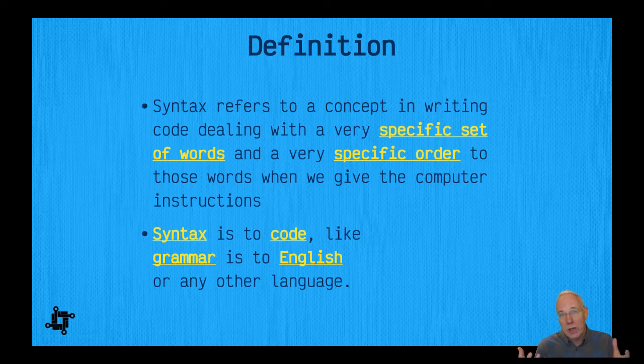And really, this is very much like English or Spanish. So it's a grammar. Essentially, it's saying that if you form a sentence a certain way with a certain set of words in a certain order, then you've created your grammar properly. It's grammatically correct. And it also will have some semantics. Now, we're not covering semantics in this module, but that's something that's important down the road.